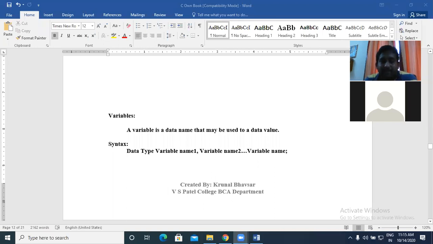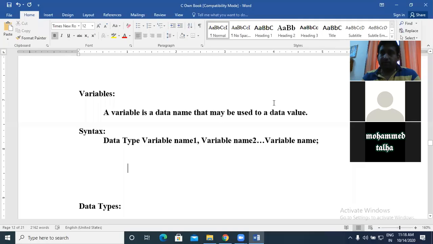Basically, the syntax is: data type, variable name 1, comma, variable name 2, up to whatever variable names we are putting, and we can use it. That is a variable name. Syntax: all of you please write your syntax in your notebooks.